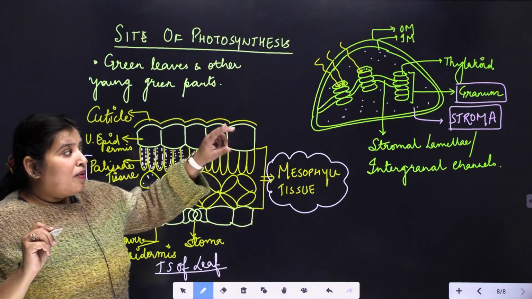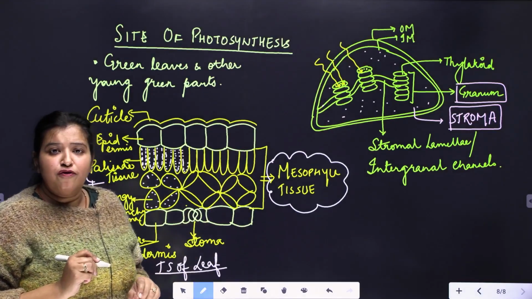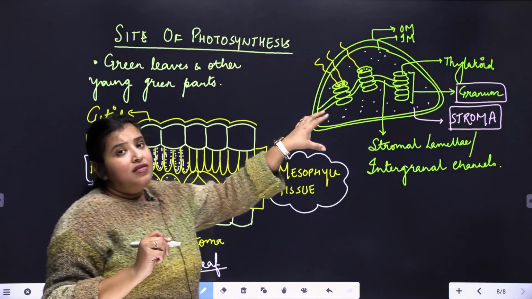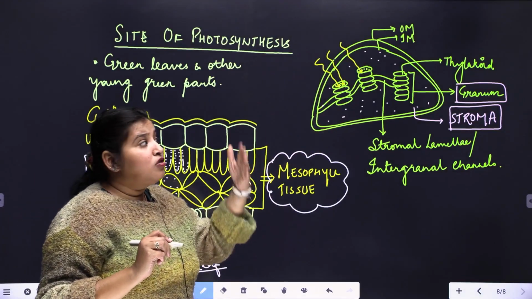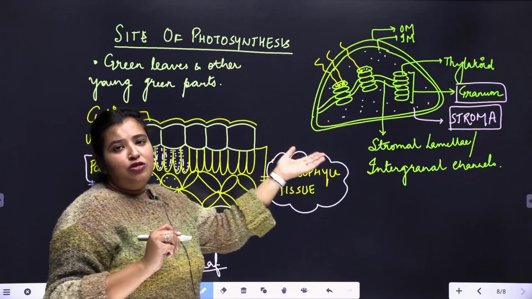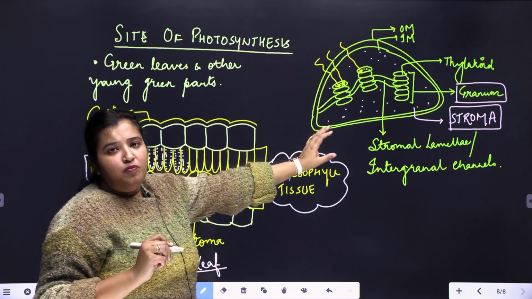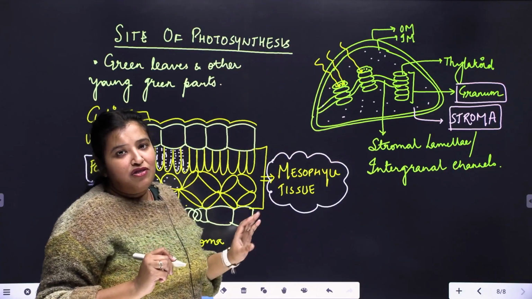Now, why am I talking about these two? Because further on, when we study the process of photosynthesis, these terms will come up again. What part of photosynthesis is happening in stroma and what part is happening in grana. So please remember, grana is the membranous part and stroma is the matrix part.